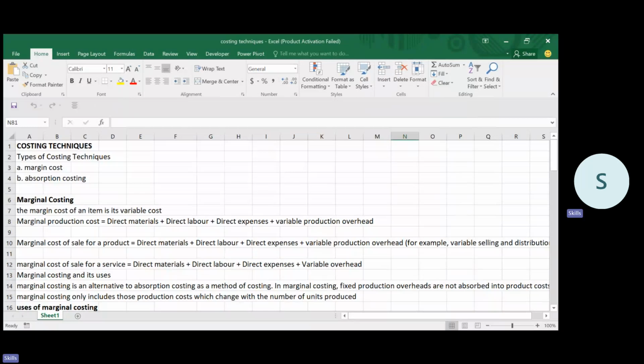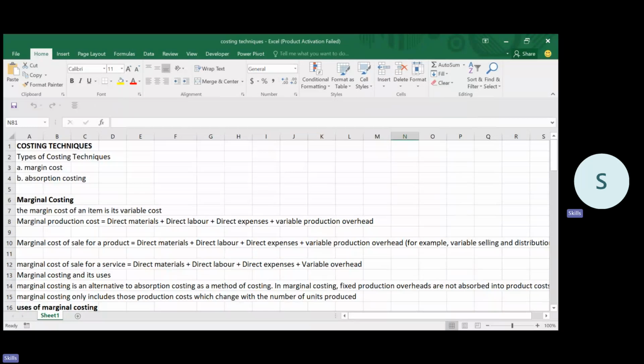Now, the marginal cost of sale for a product is direct materials plus direct labor plus direct expenses plus variable production overheads. An example of variable production overhead is variable selling and distribution cost, which is also referred to as variable production overhead.